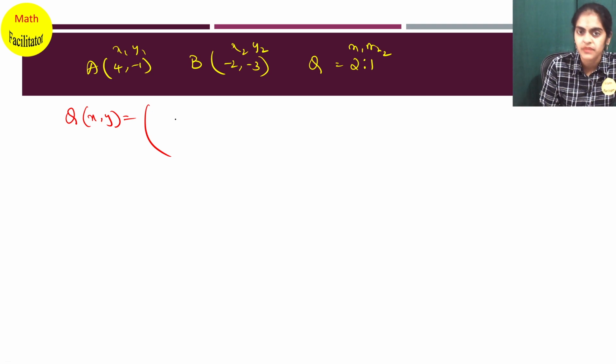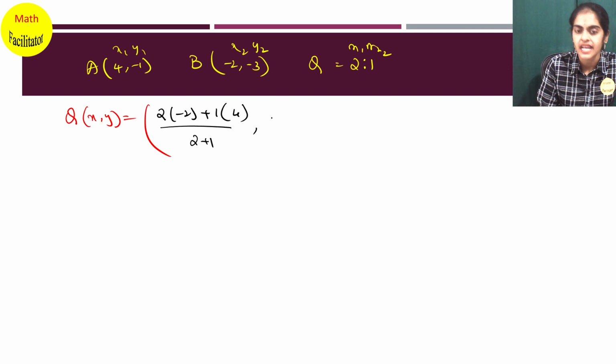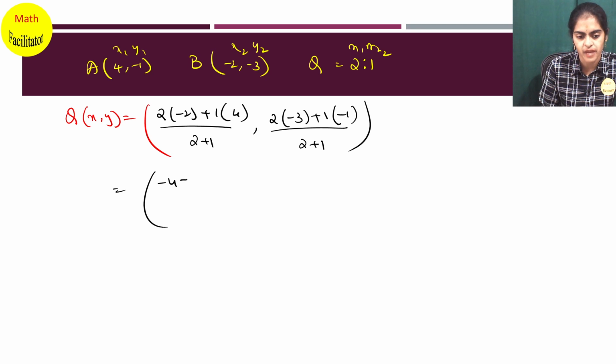So you will have (m1 x2 plus m2 x1) divided by (m1 plus m2), and (m1 y2 plus m2 y1) divided by (m1 plus m2). So minus 4 plus 4 divided by 3, and minus 6 minus 1 divided by 3.